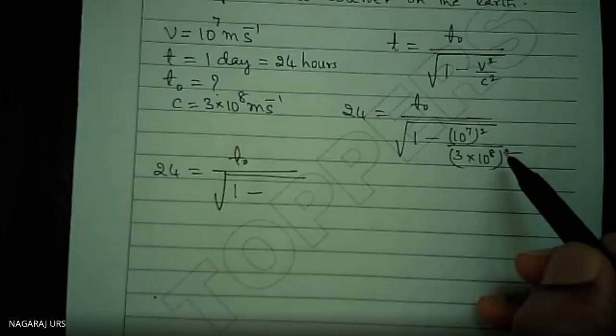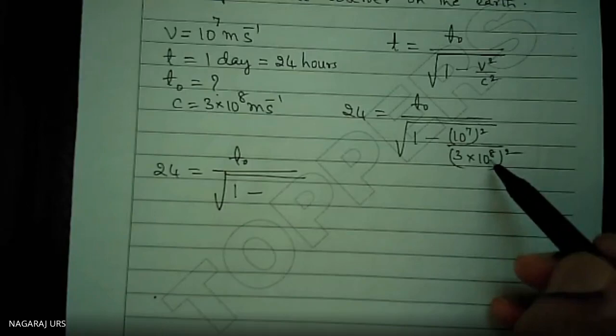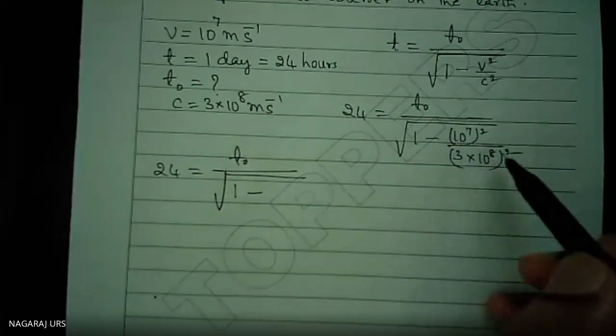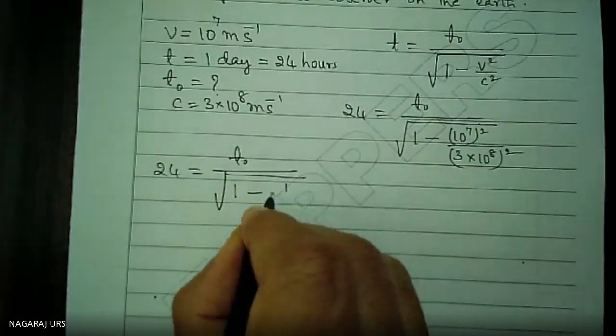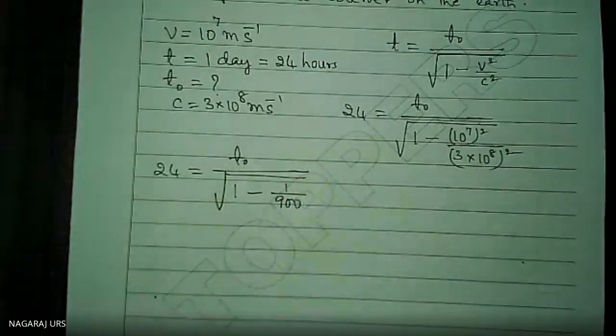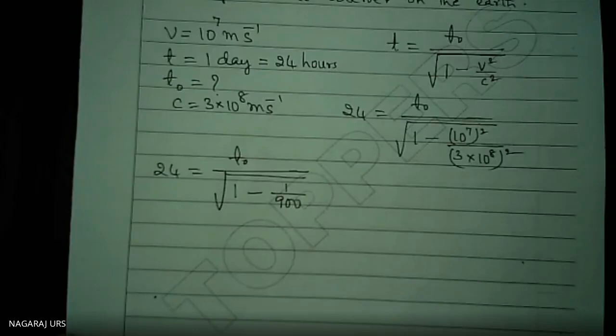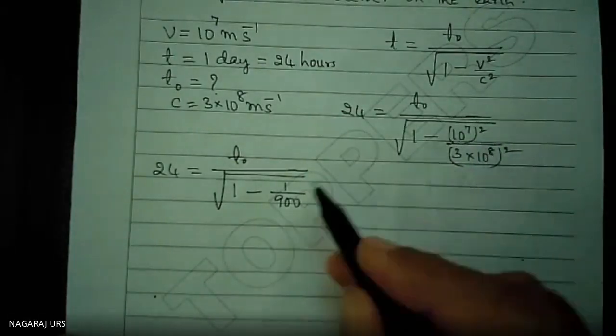So therefore, it gets cancelled, you will get a 10 to the power of 2 extra here. 10 to the power of 2 means 100, 3 square means 9, so 900, is that right? So 1 divided by 900. Just to simplify this.